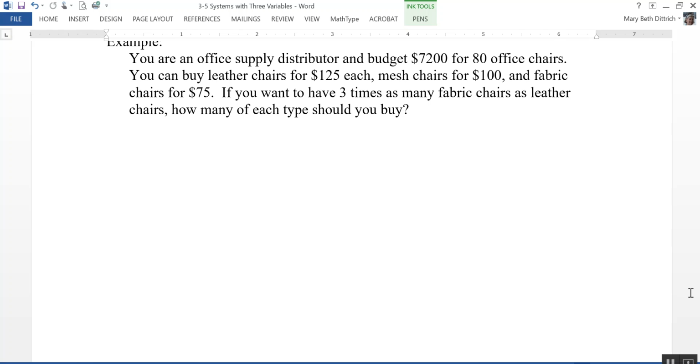Let's start by defining some variables. I'm not going to use x, y, and z because I'll get confused. So I'm going to say let L equal the number of leather chairs. Let M equal the number of mesh chairs.